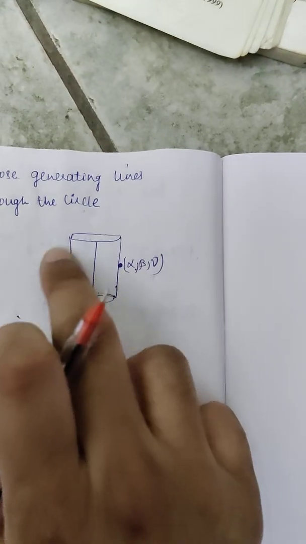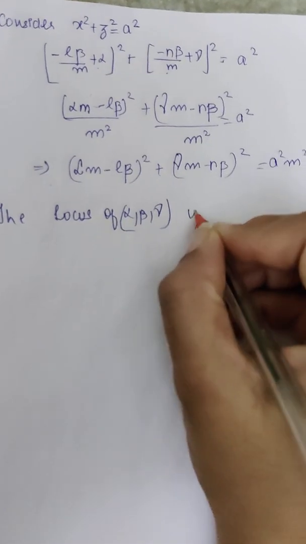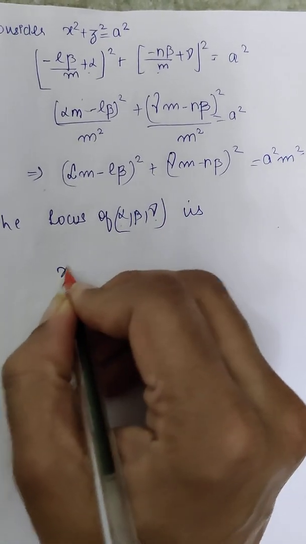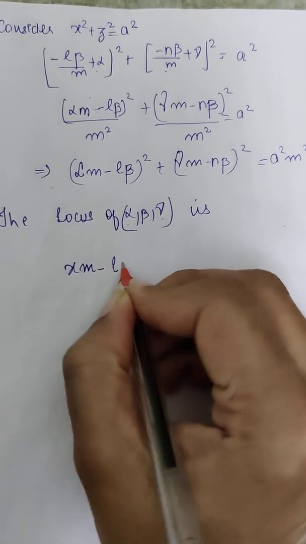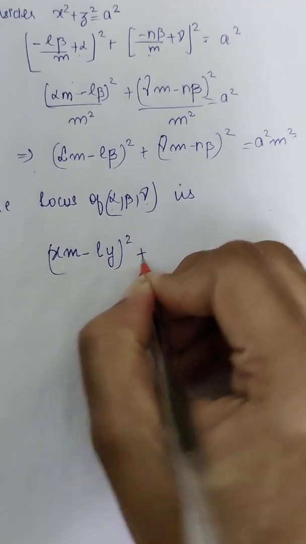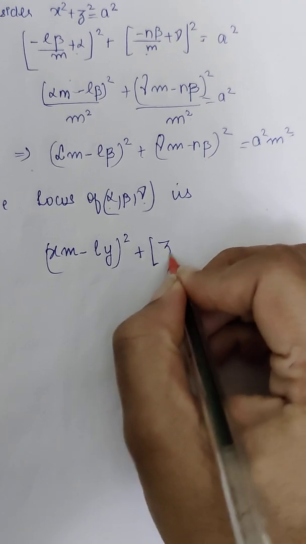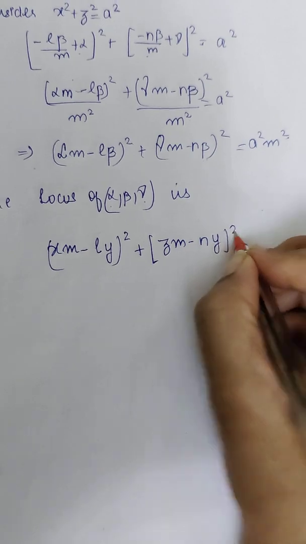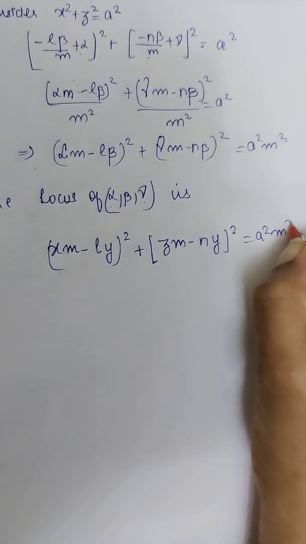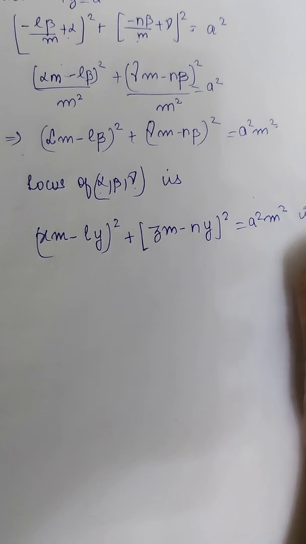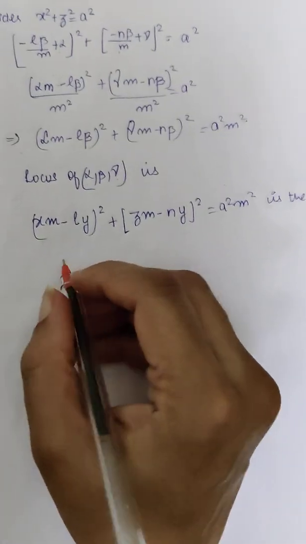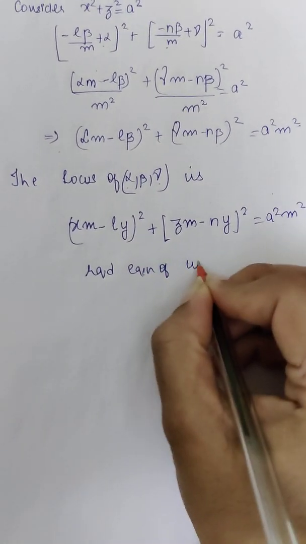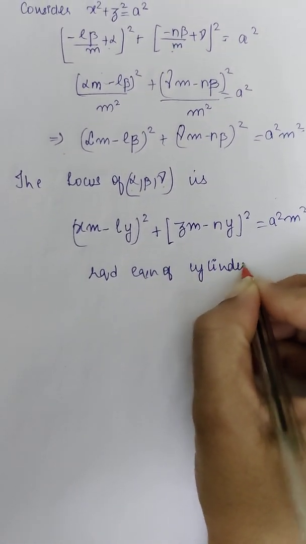So the locus of alpha beta gamma is, alpha is referring to x, beta is referring to y, gamma is referring to z, is x m minus l y whole square plus z m minus n y whole square equals a square m square, is the required equation of the cylinder.